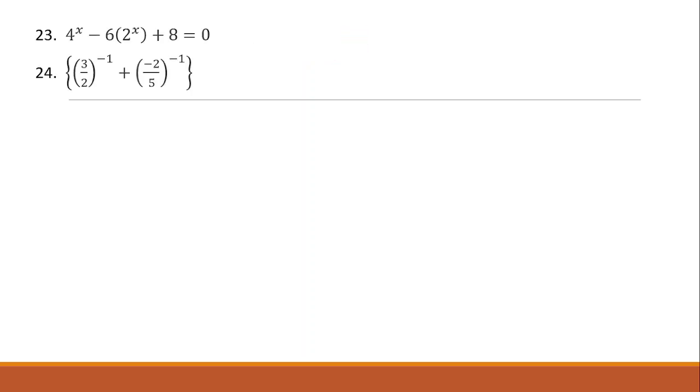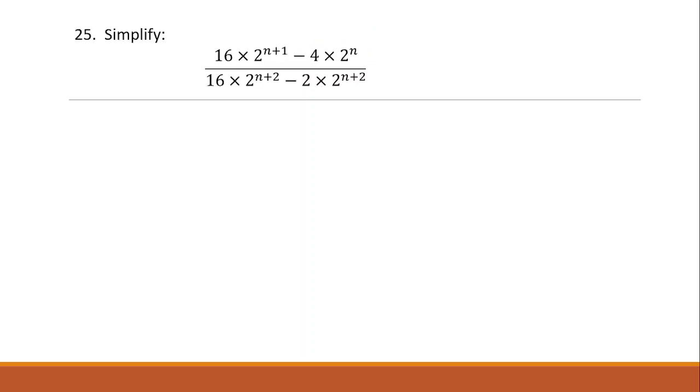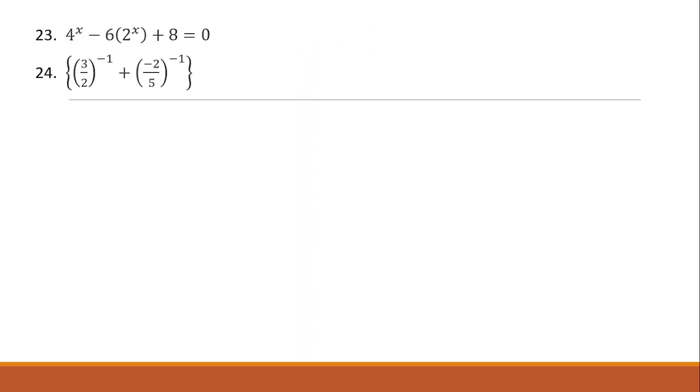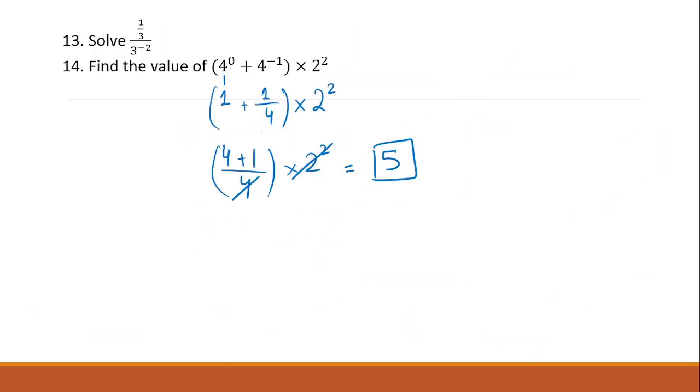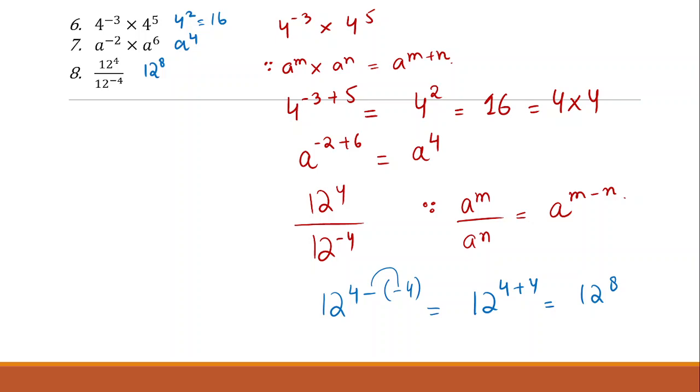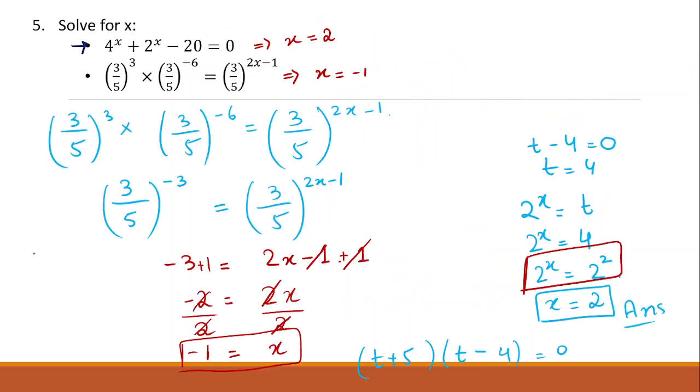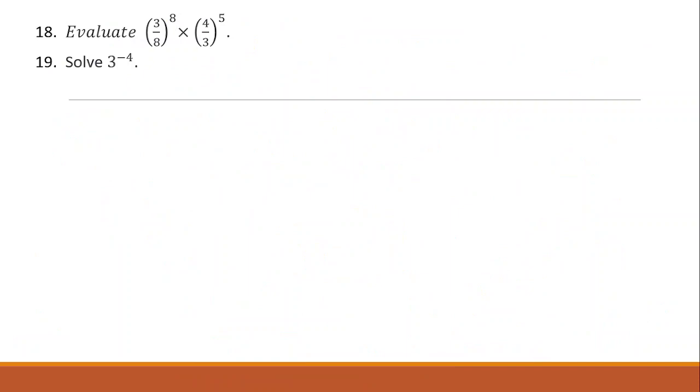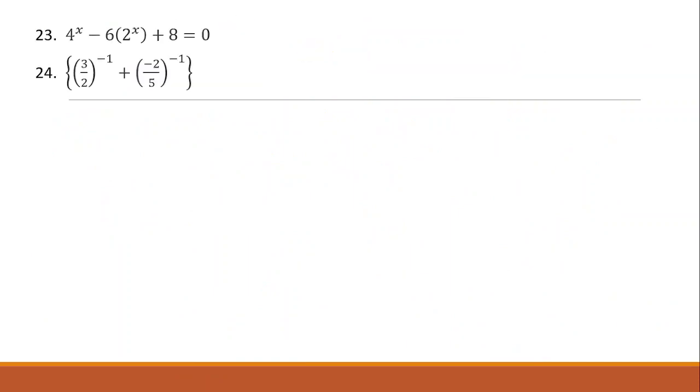Okay. Question number 23, question number 24, question number 25. Most of the questions are being repeated. We will do question number 24, because 23 is similar to question number 5 part A. Take 2 to the power x equals to any variable, substitute it, find the factors, again substitute it, and find the value of x.